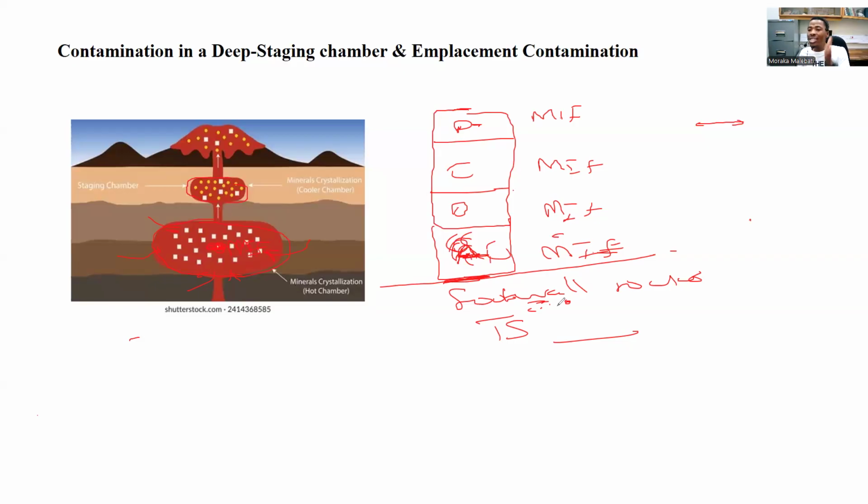But if we say that these MIF signatures are not localized, they are seen in all stratigraphic sequences, then it means that the MIF signatures, or the contamination, happened in the deep staging chamber.